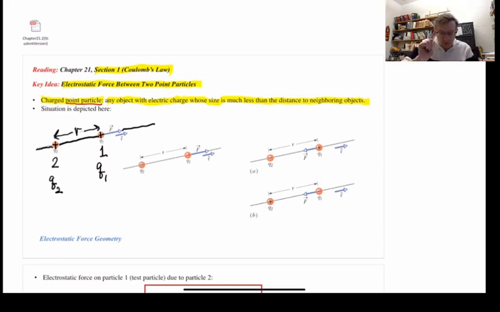Experiments show, everything we're talking about here is based on experiments, that there will be a force on particle 1 due to particle 2. And because those two particles are like charges, both positive, the force on 1 due to 2 is repulsive. Repulsive means away from. So we're going to draw the arrow here for the force on 1 due to 2.